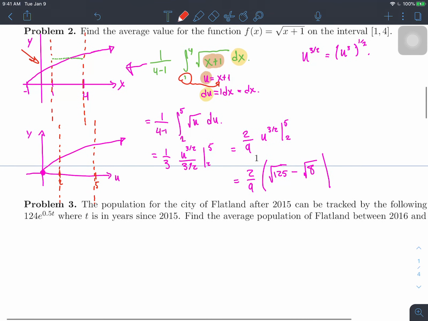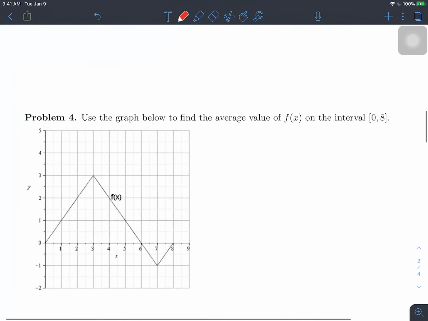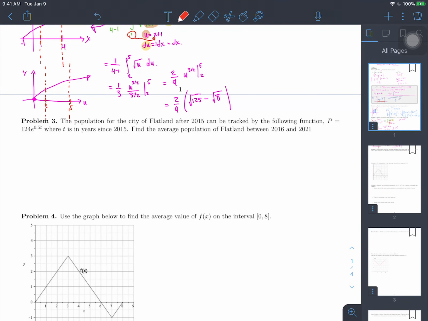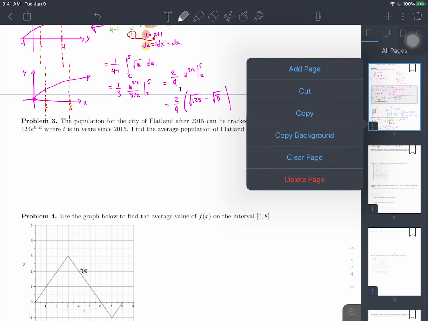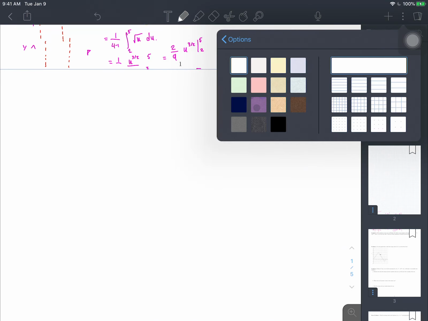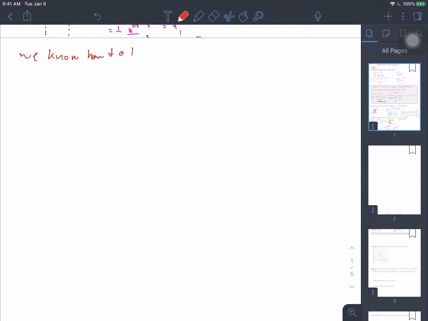Okay, so maybe I should talk for a second then about the sorts of antiderivatives that we know how to do. Let's add an extra page. Oh, well, we're almost out of time. We know how to do basically three things.